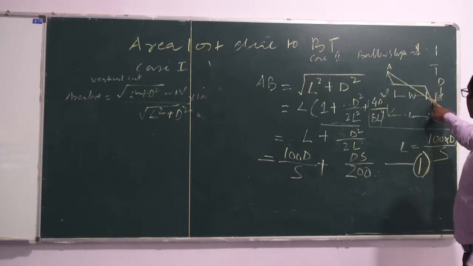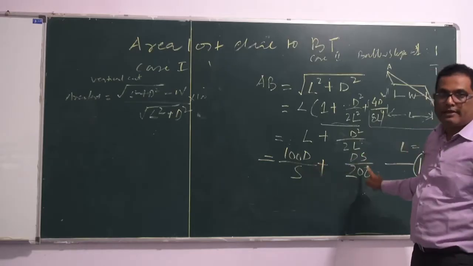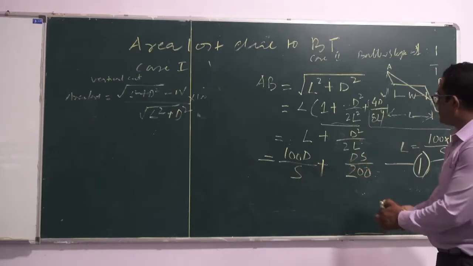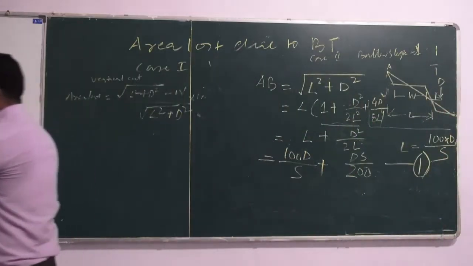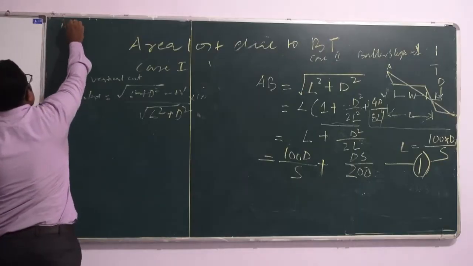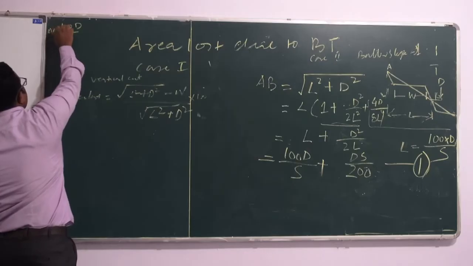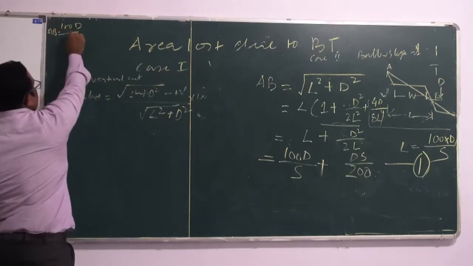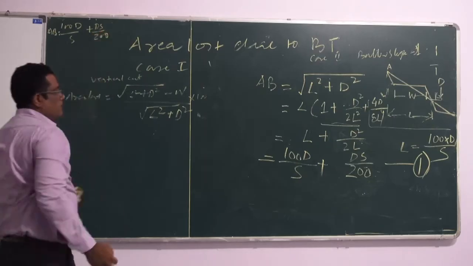So this length AB can be expressed in terms of depth, slope, and length of the terrace. So you have to remember these equations, somewhere we have to write it. This is for my understanding. This is just DS by 200.